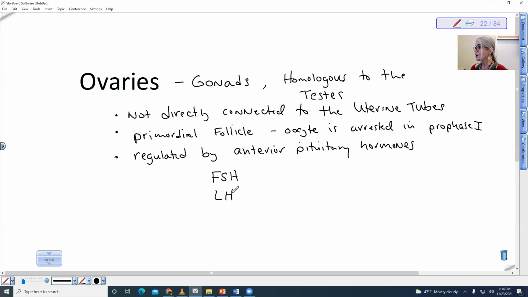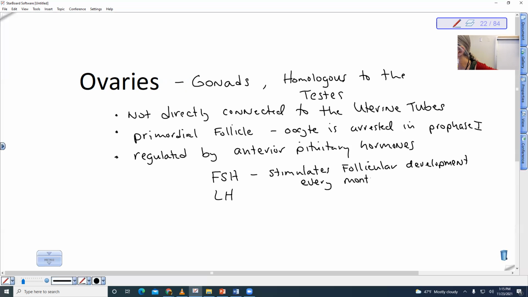The thing about the FSH that you need to know is that FSH stimulates a follicle to continue to develop. So follicular development, every month. So that follicle is going to start to develop, and maybe a couple might start to develop, but there's going to be a dominant follicle.